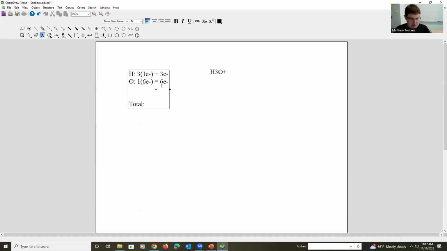So here you're going to subtract 1 electron. And so when you subtract the electron, you're going to get 6 plus 3, which is 9, minus 1, brings you down to 8. So you're going to have a total of 8 valence electrons in your hydronium ion. Okay, that's how many you're going to have for that.